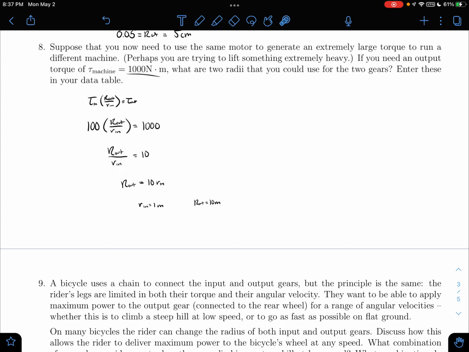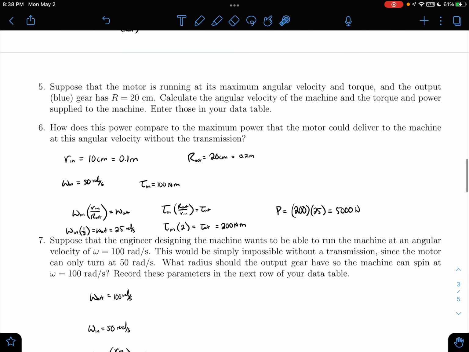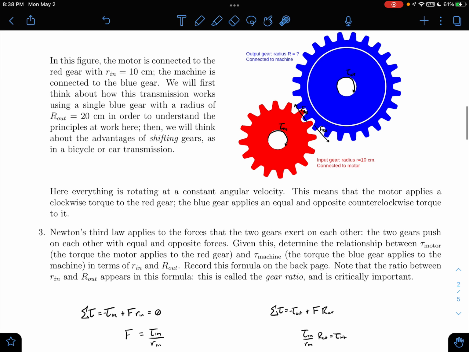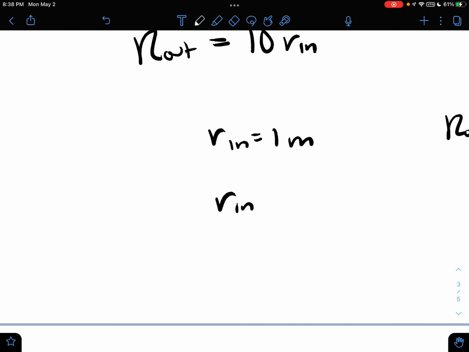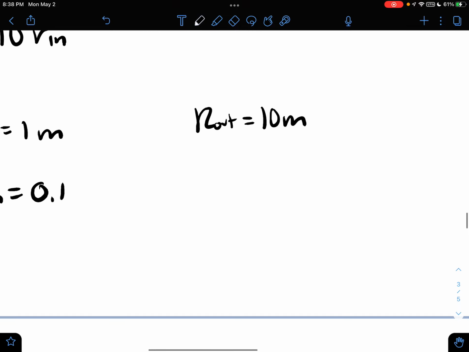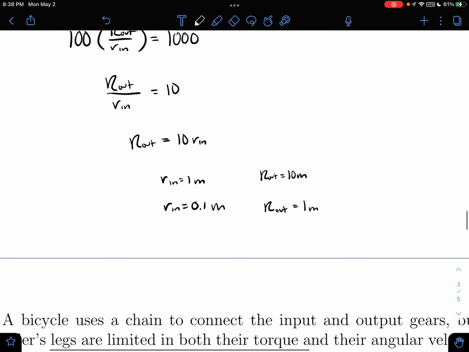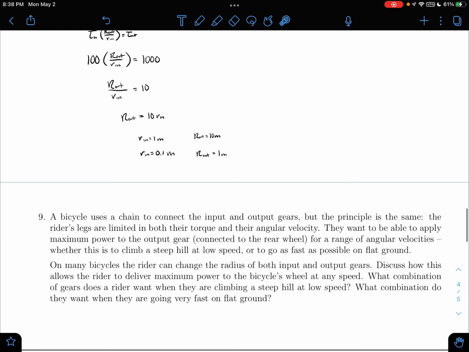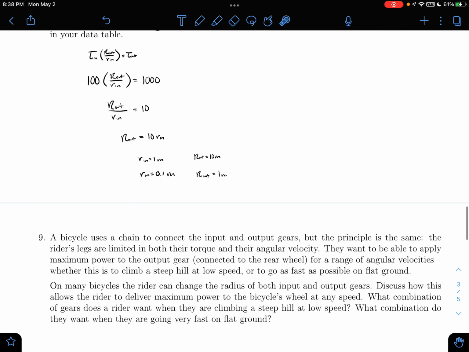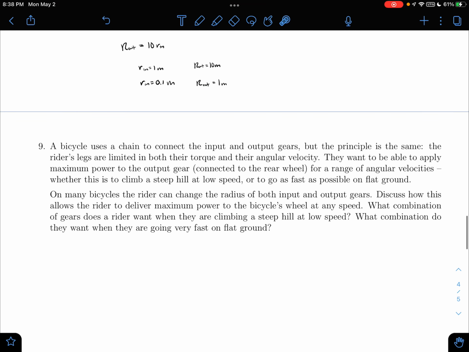Using the same radius R in from above, if it was 10 centimeters, so if I really wanted, we could say R in is that same 0.1, which means that R out would be 1 meter. Right? Doesn't really matter. All of these work because it just needs to hold this ratio. That's all we need. It could be anything. You could do pi and 10 pi, though I wouldn't recommend it because that'd be very tedious. Right?